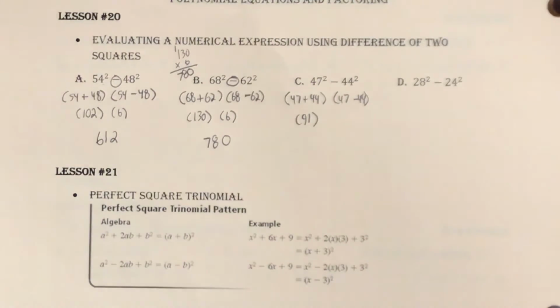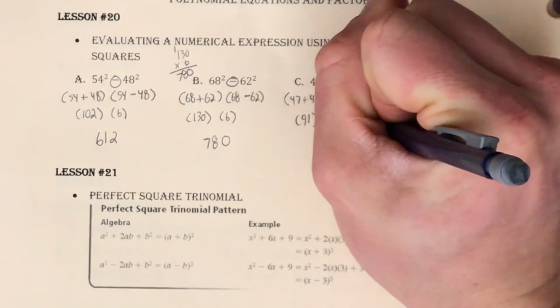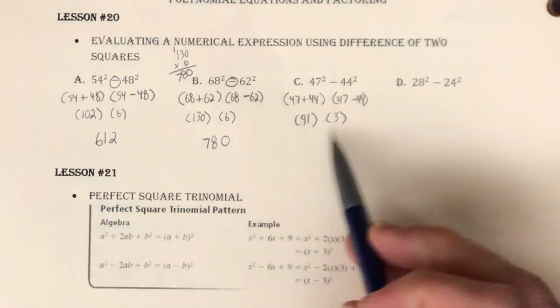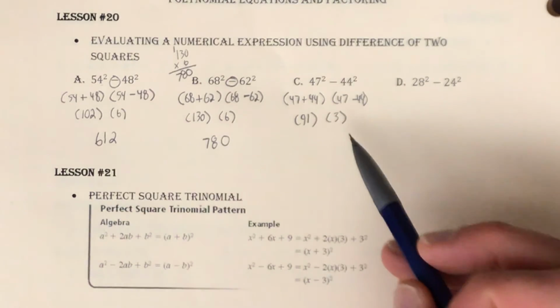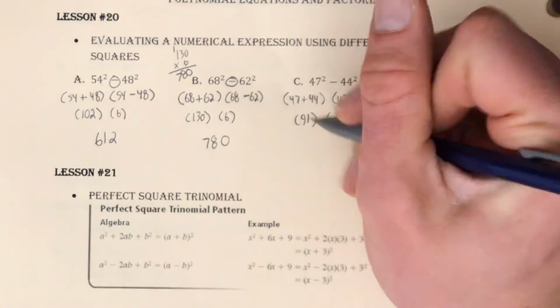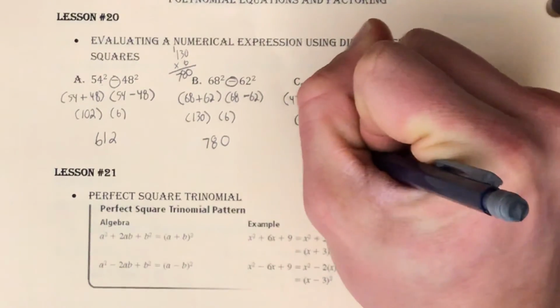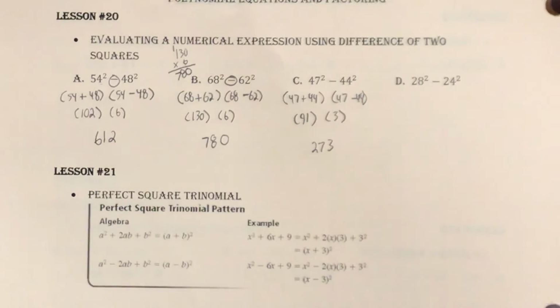Again, you could always use the stack method and add down like you normally would if you can't or don't want to do it in your head. 47 minus 44, I know, is 3. So I've got that one simplified down. Last step, multiply the two numbers. 3 times 91. 3 times 1 is 3, and 3 times 9 is 27. So 273.